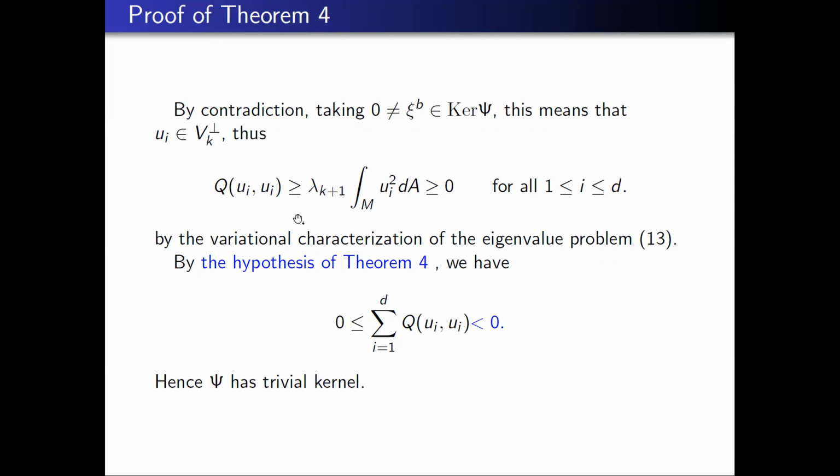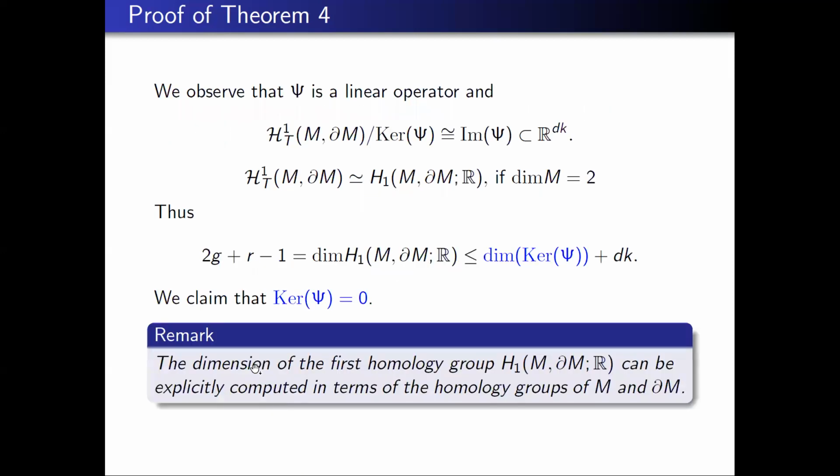So from this equality, we can apply the left-hand side inequality. And by our assumption of theorem 4, we have the right-hand side strict inequality. So we get a contradiction. That means phi has a trivial kernel, so the claim holds. So k has a lower bound, so the Morse index has a lower bound.